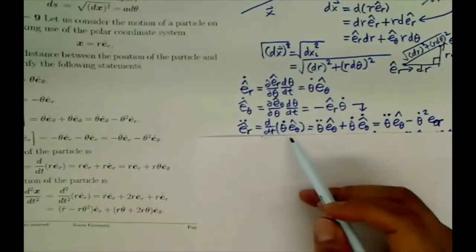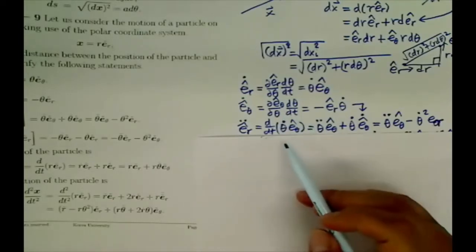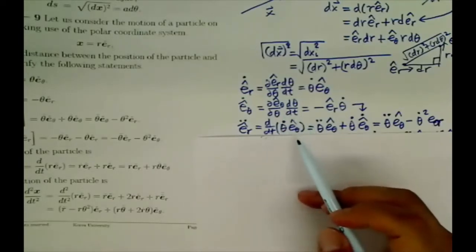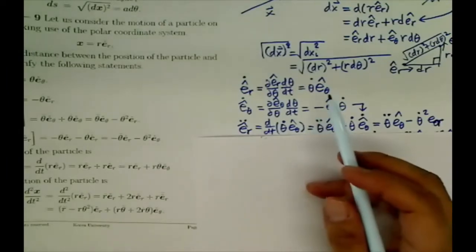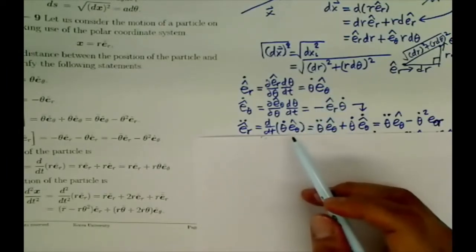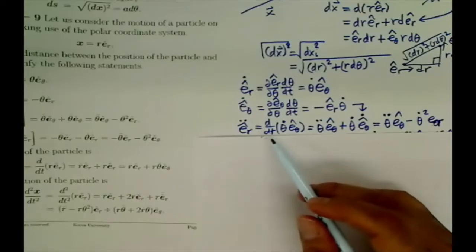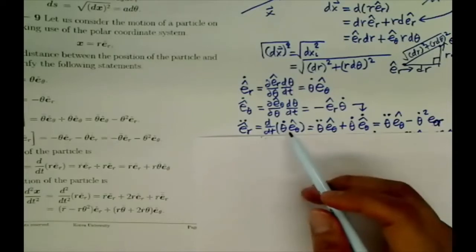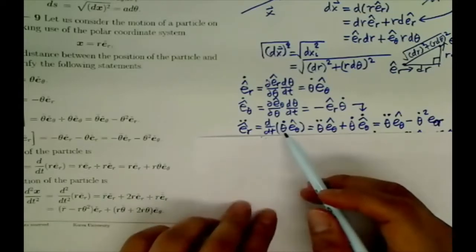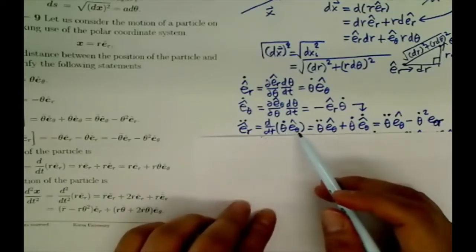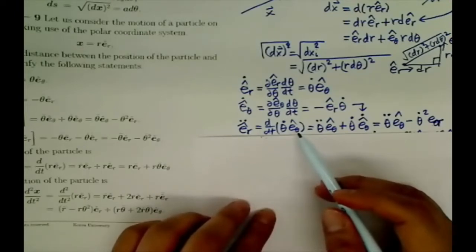So I take this first order time derivative of e_r, and take the time derivative of this one more time. Derivative of a product: the time derivative of theta dot, and the time derivative of e_theta hat once.